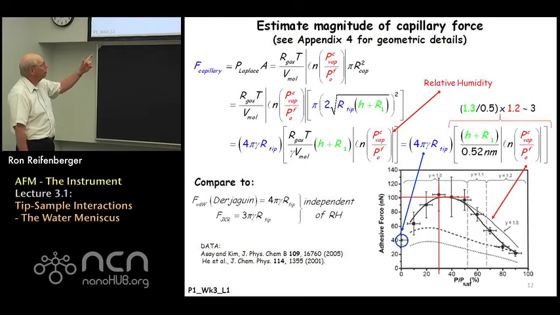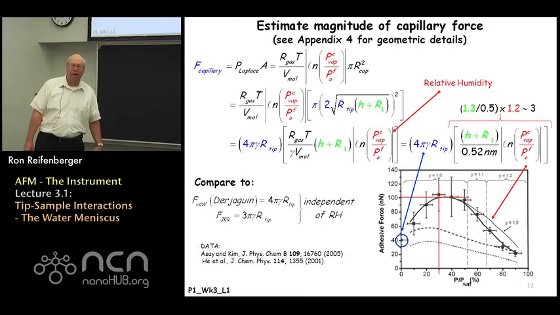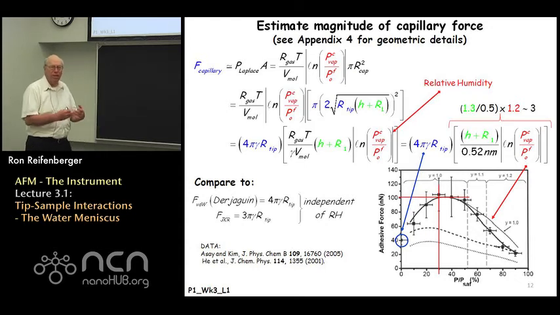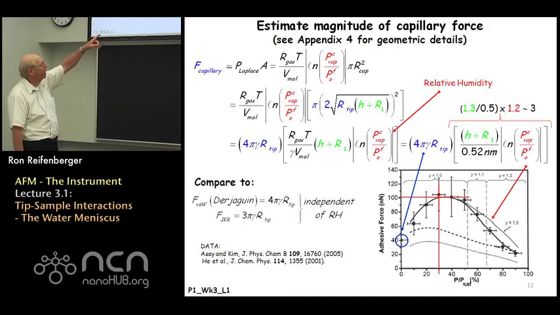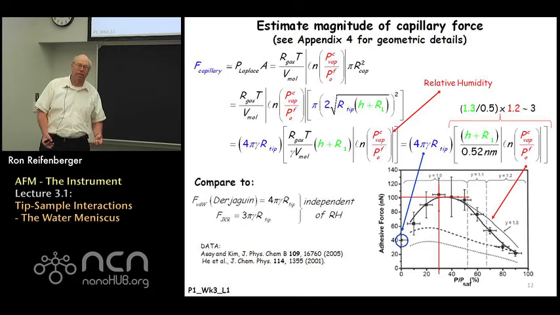And then if you go to 30% relative humidity, you find that the adhesive force that was measured experimentally is about 2.5 times to 3 times greater than the adhesive force that results when the measurement is made in 0% relative humidity. And of course, this number that we estimated just above is a factor of order 3, which agrees qualitatively with the experimental measurements of liftoff force due to the water meniscus.